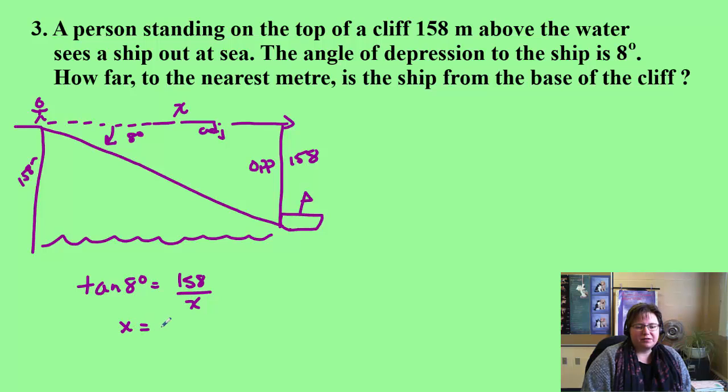So I'm going to multiply by x and divide by tan. And then I'm just going to use my calculator to figure that out. So 158 divided by the tangent of 8 gives us 1124 decimal 22, so decimal 2 meters.